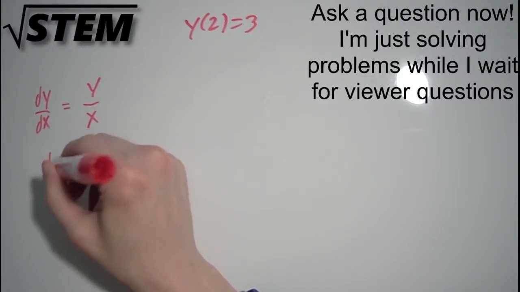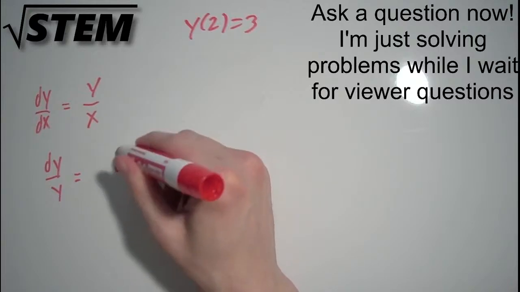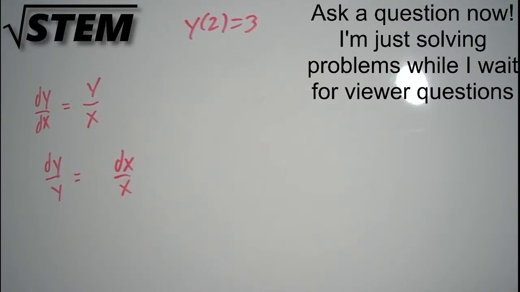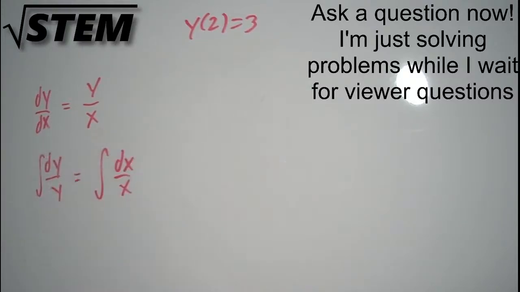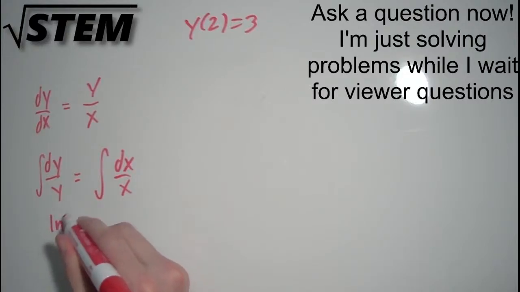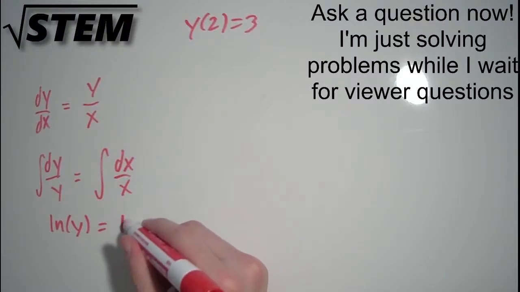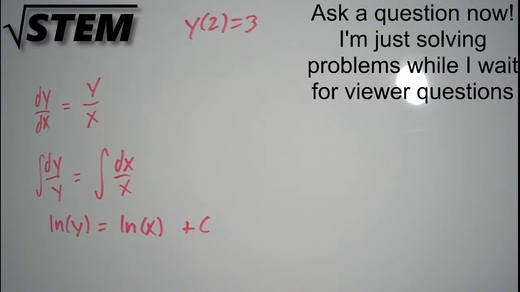So we'll get dy over y being equal to dx over x. And then we'll integrate both sides. And we're just going to get natural logs on both sides. Natural log of y equal to natural log of x plus c. I'm not going to forget it this time.